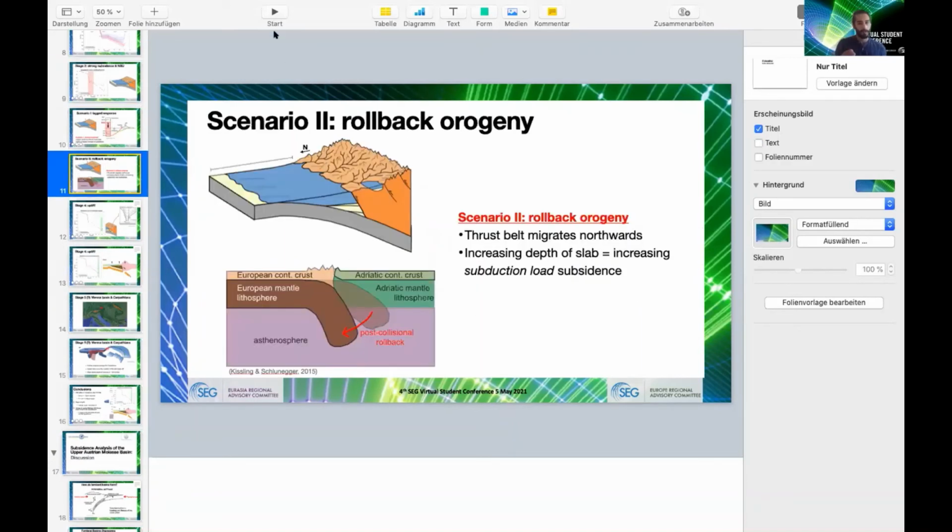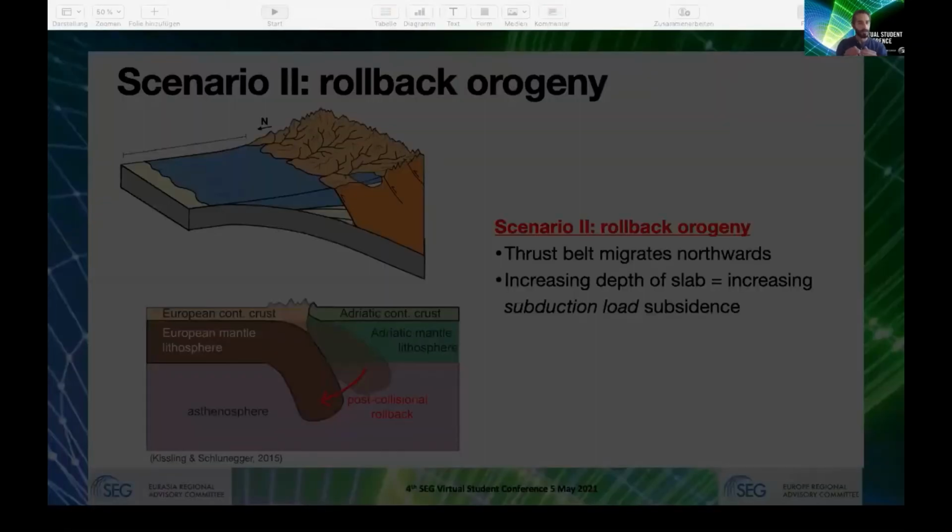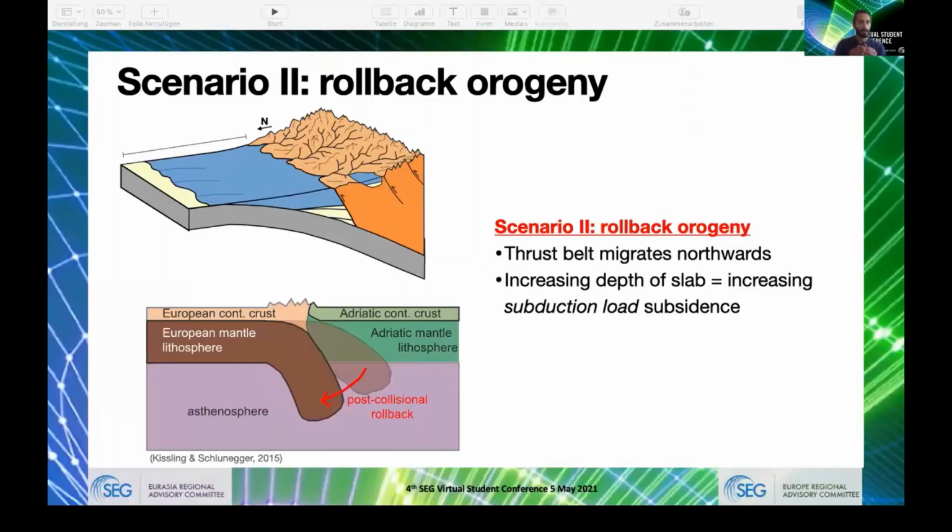This is one of the scenarios, and I was thinking that having a rollback would actually create a situation of extension of the basin. So I would expect extensional tectonic structures associated to this event. Do we have any information about that? Were you able to point out?